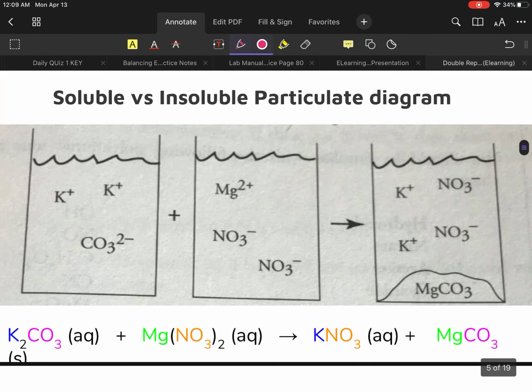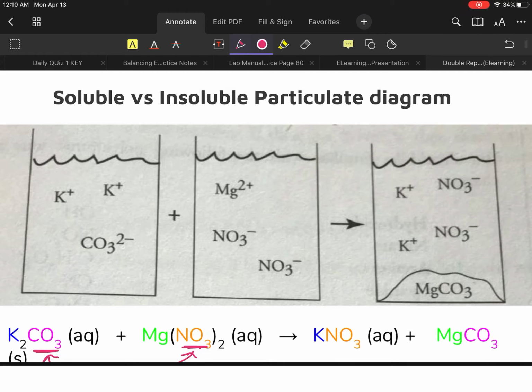So we can show, here I have a double replacement reaction, with potassium carbonate and magnesium nitrate. Again, same thing, two elements in those two different compounds are swapping places.